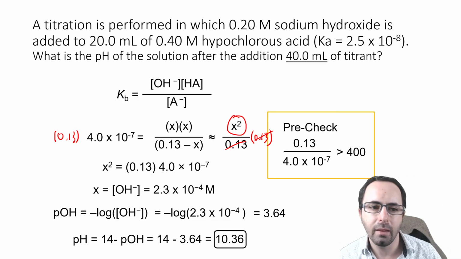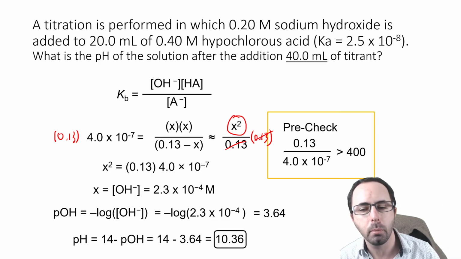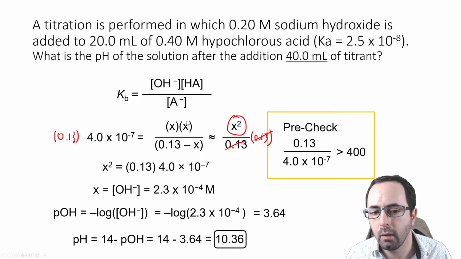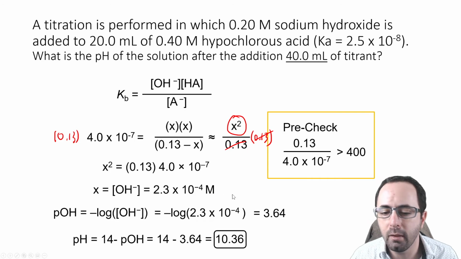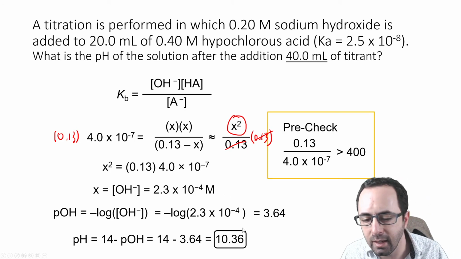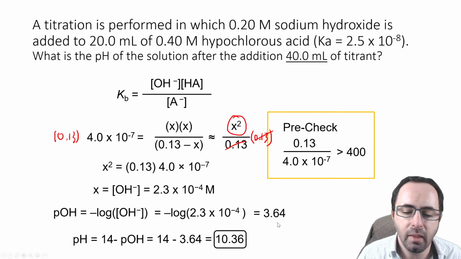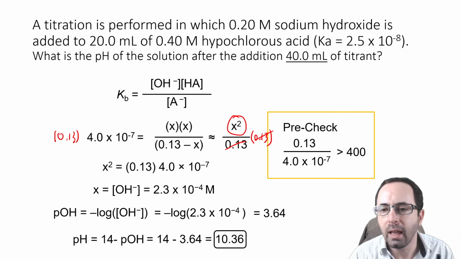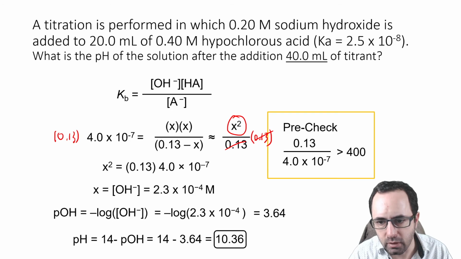For a strong base, weak acid titration, the pH will be greater than 7 due to the presence of the A minus, the conjugate base of the weak acid. It causes the solution to be basic at the equivalence point. And indeed, we got a basic pH, so that at least checks out. Okay, so that's how you approach a strong base, weak acid titration at the equivalence point.